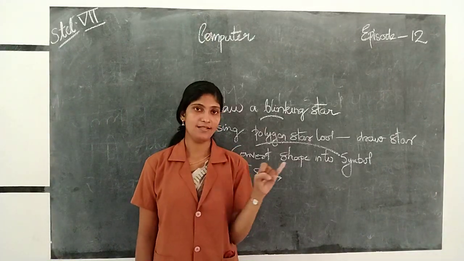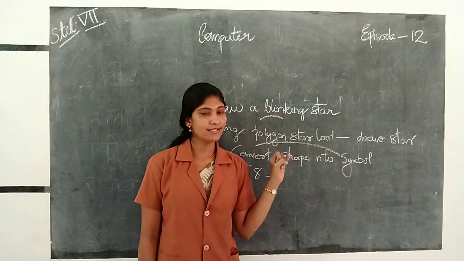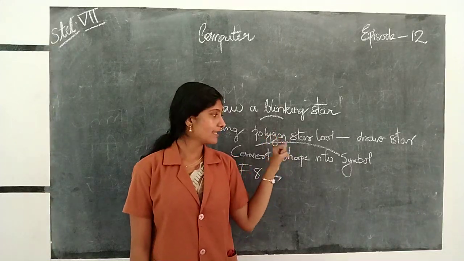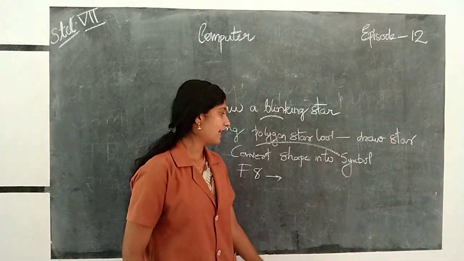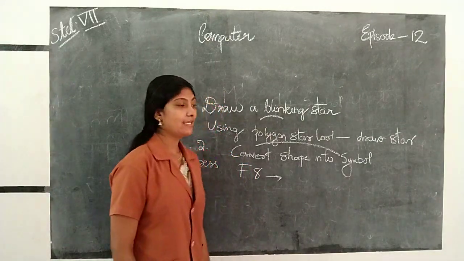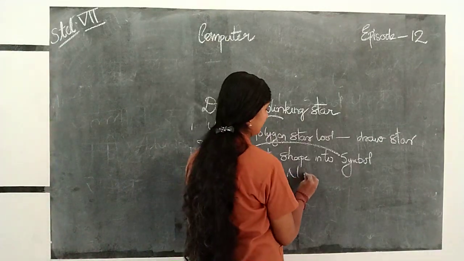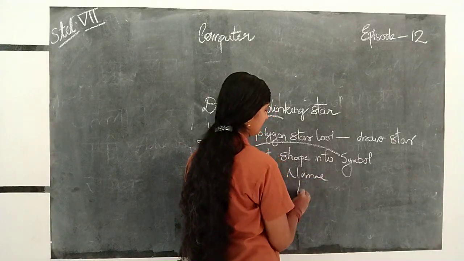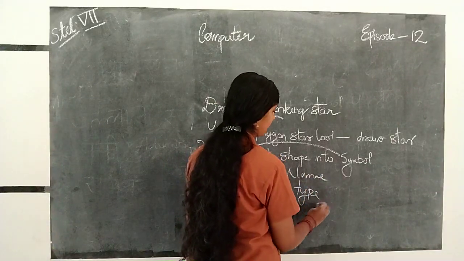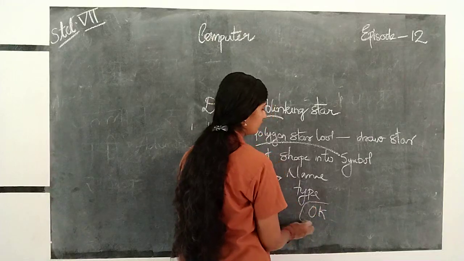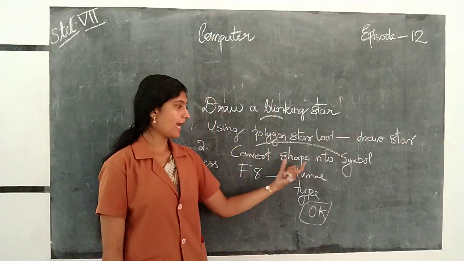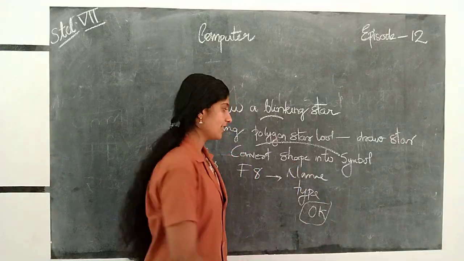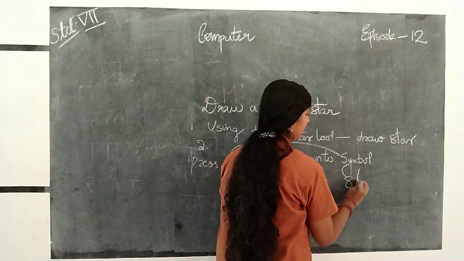So first name. Name means you can enter a name for assigning that name to that symbol. So in that dialog box, it contains name, then type, then OK button. So now you can assign a name for that shape. So let's say star.